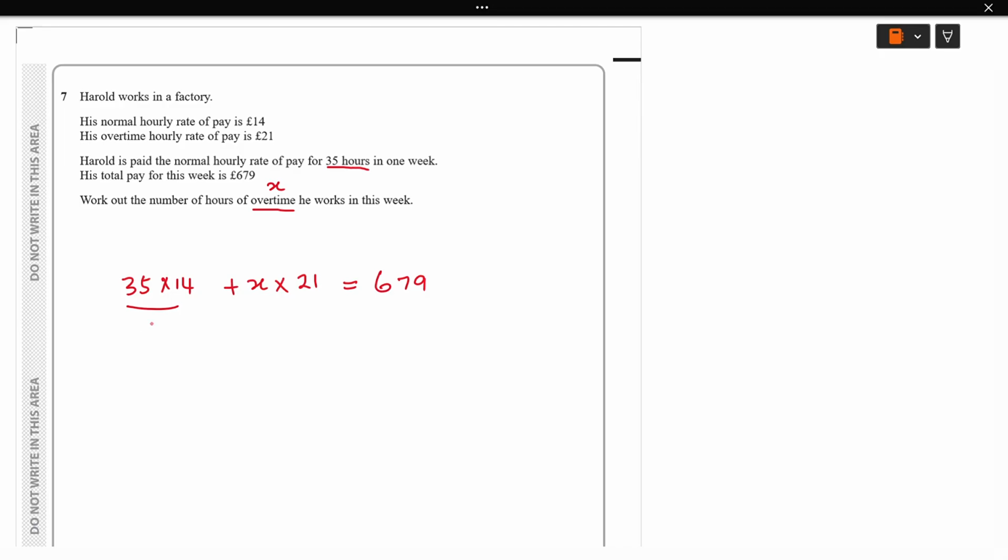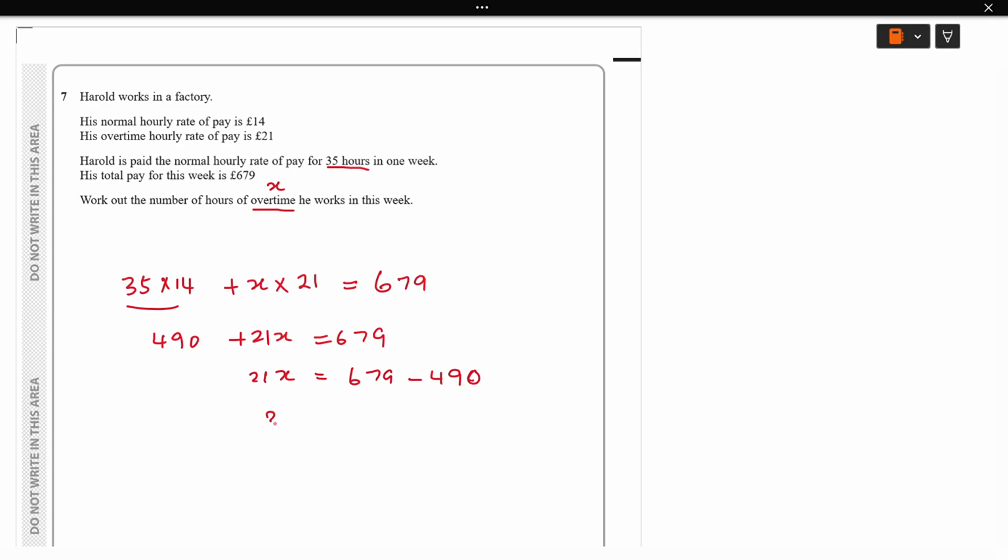So 35 times 14 is going to be 490 plus 21x equals 679. So I'll take away 490 both sides, which is 21x equals 679 minus 490.